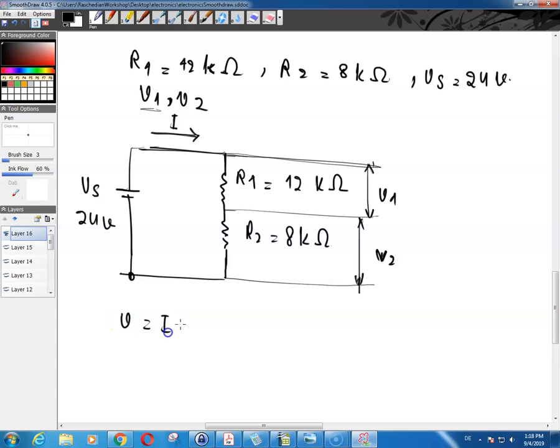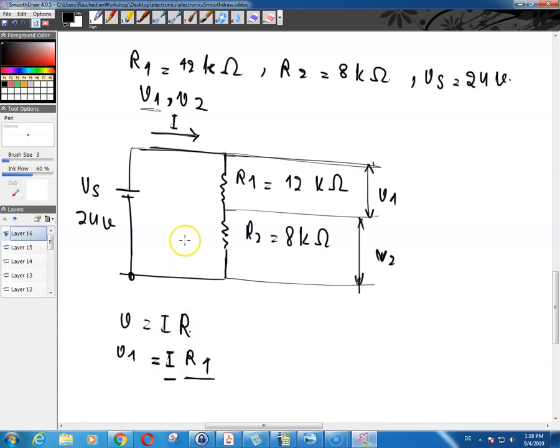V is equal to IR. So you can write V1 is equal to I, which is the current going through the whole circuit, times R1. So now I need the value of R1 and also the current going through the circuit.